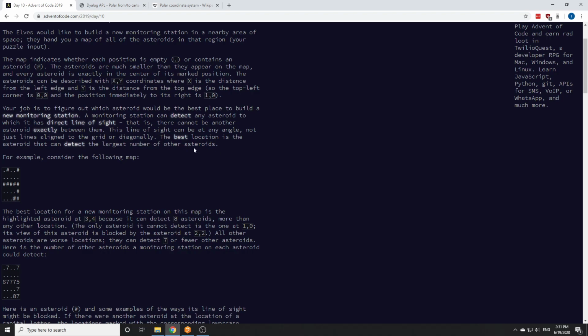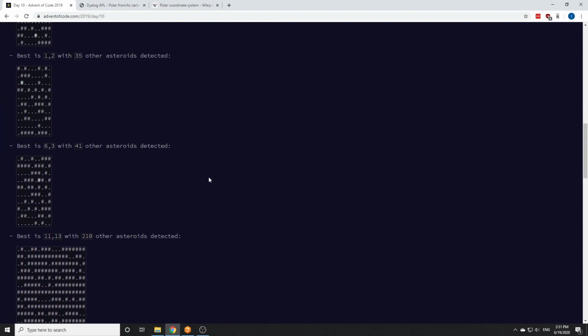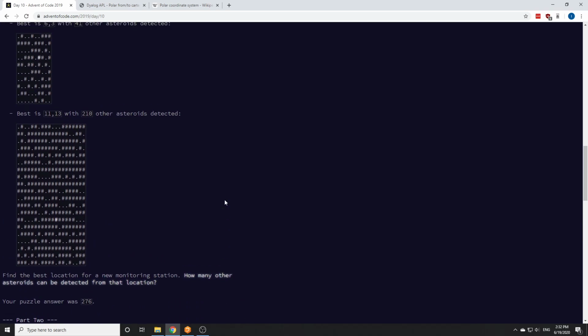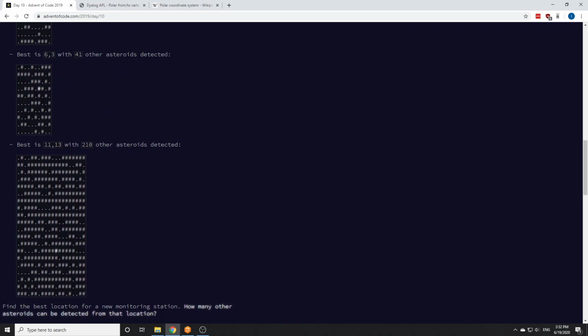It can be at any angle. The best location is the asteroid that can detect the largest number of other asteroids. Okay, fair enough. How many other asteroids can be detected from that ideal location? Cool, let's take a look.